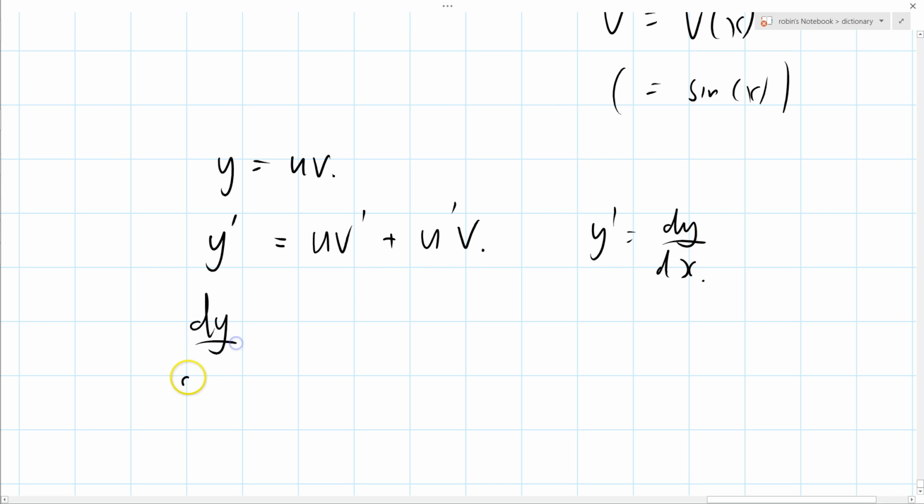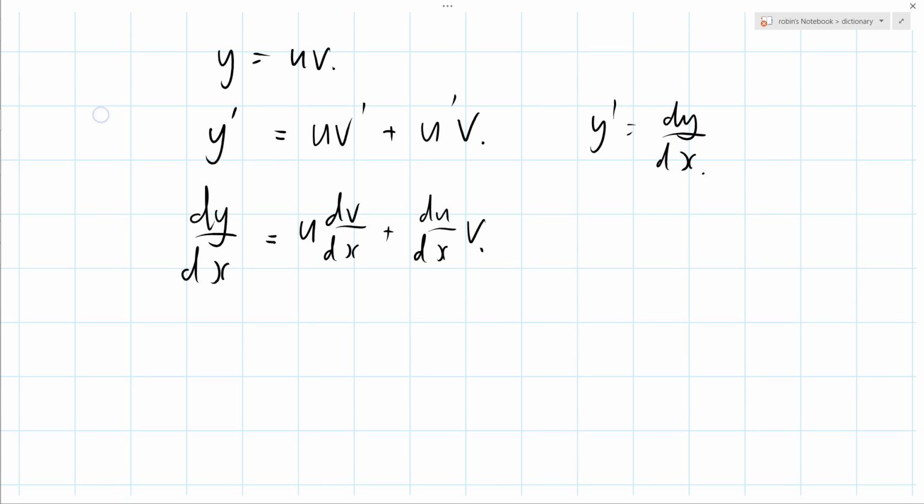I'm going to write this in a slightly different way, the other notation. u dv dx plus du dx times v. So u dv dx plus v du dx.